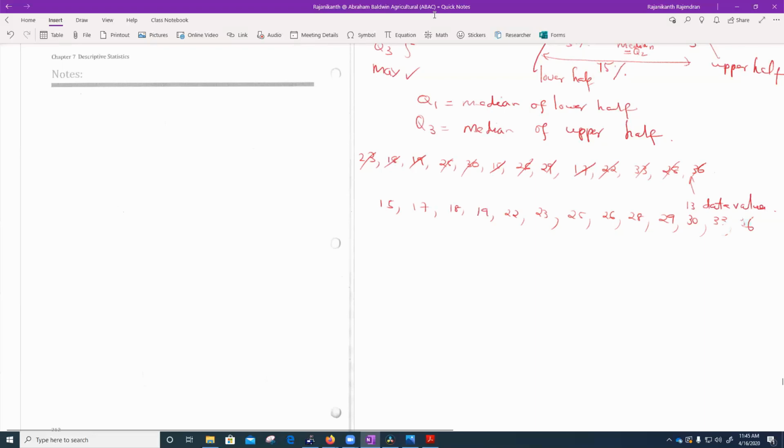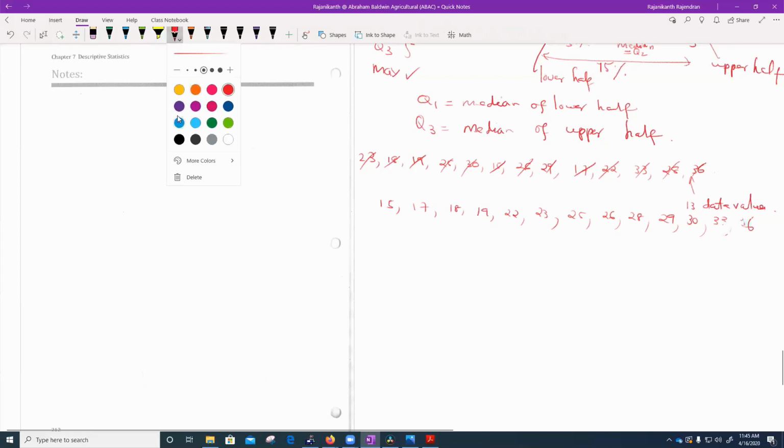Now what is my task? Finding all 5 numbers. Finding the minimum is not hard. This is my minimum, the smallest value, and this is my max.